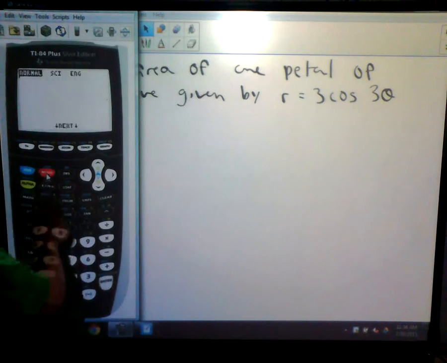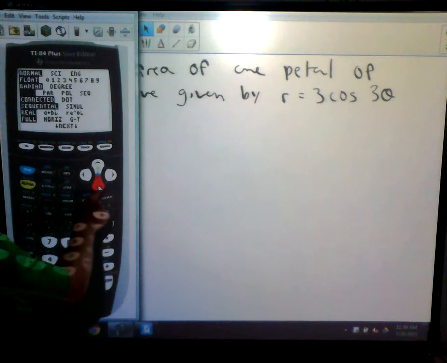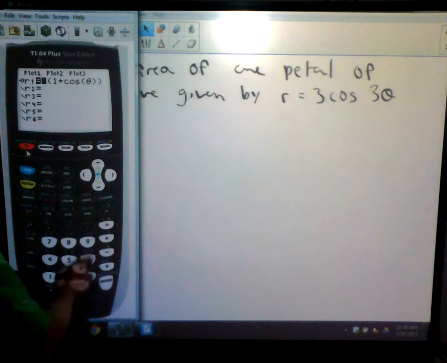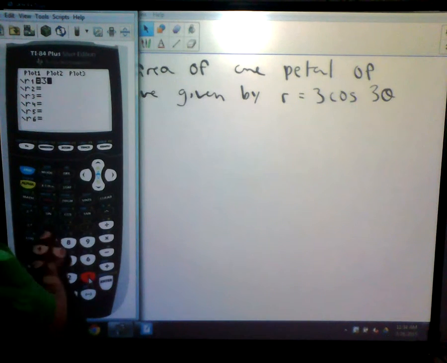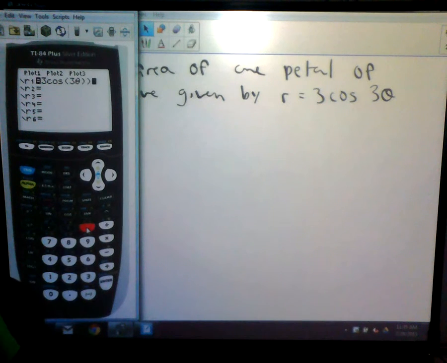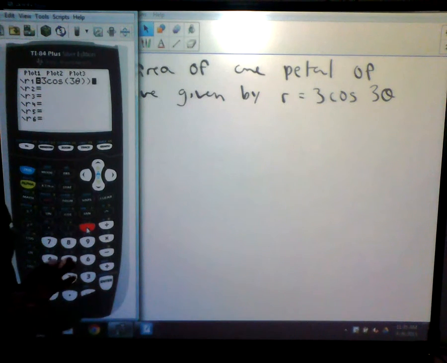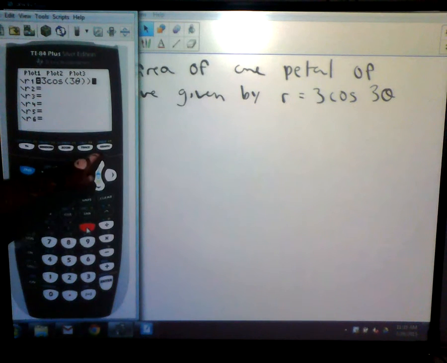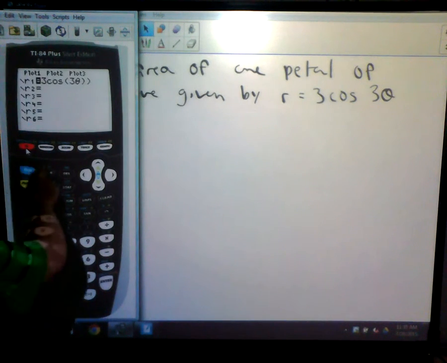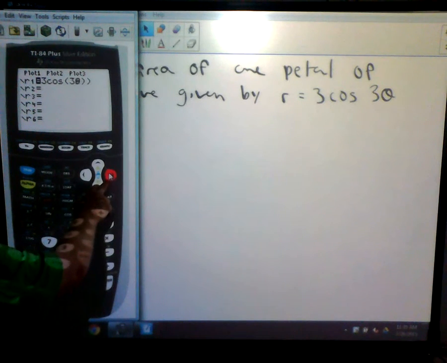So let's go back to polar mode. Y equals 3 cosine 3 theta. Now let's watch how many times this thing goes around. Oops, what did I do wrong? Oh, too many parentheses.